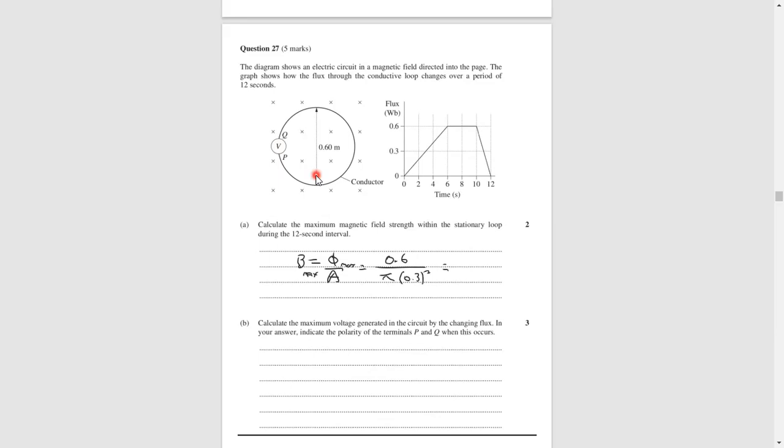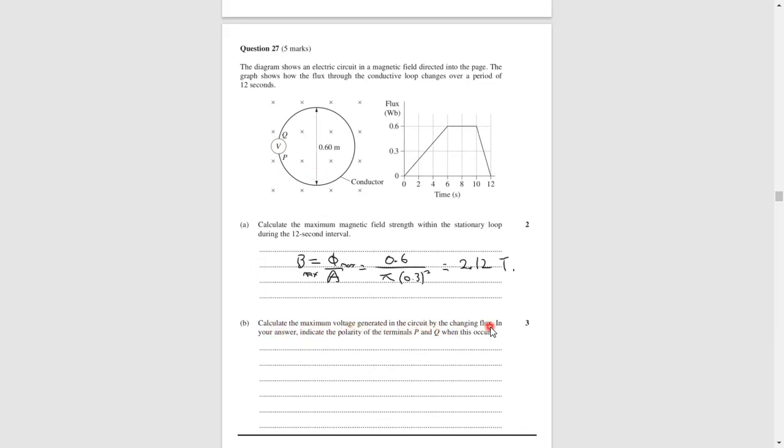And then that will give you 2.12, making sure, of course, that you're doing everything in terms of SI units.